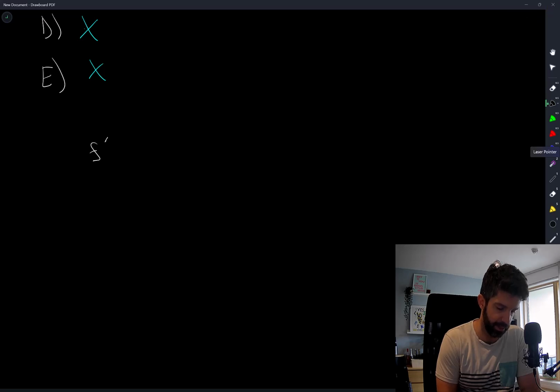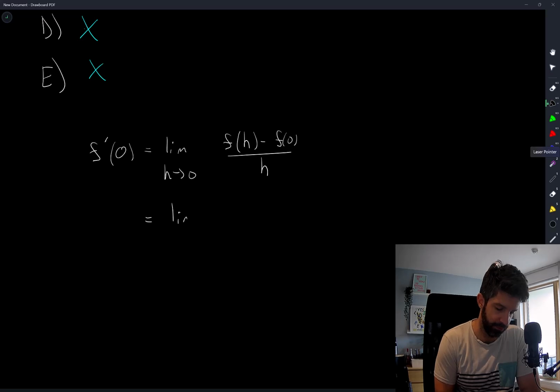So f prime of 0 would be equal to the limit as h approaches 0 of f of h minus f of 0 divided by h. So this is the limit as h goes to 0 simply of f of h over h.